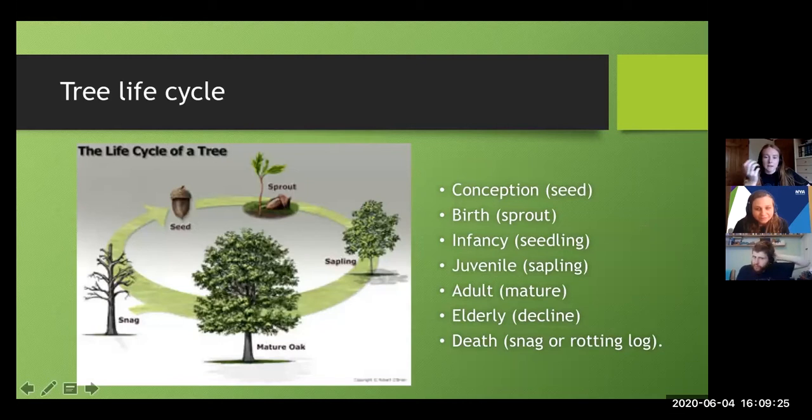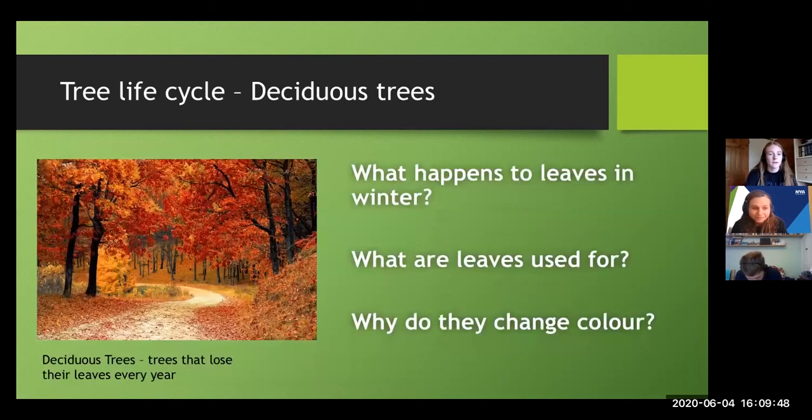And then we get a seed, and that needs the right conditions to sprout. Then you get a little seedling, and then you get a sapling, which is like a mini tree, and then an adult. And I thought this was quite interesting, is that when it's dead, it's just called a snag. So that's quite cool.